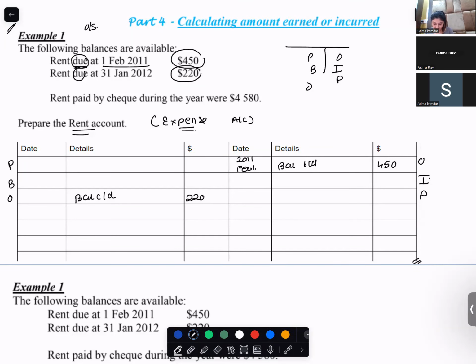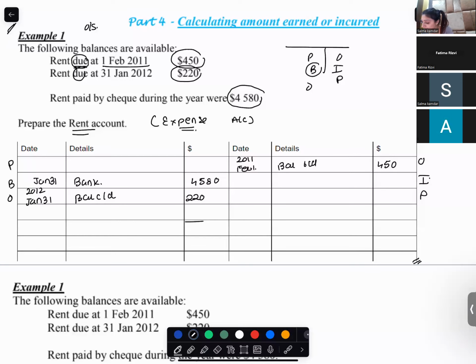And over here, 2012 Jan 31. Then rent paid. Paid will go where? Bank. How much? 4,580. This also I'll write Jan 31.